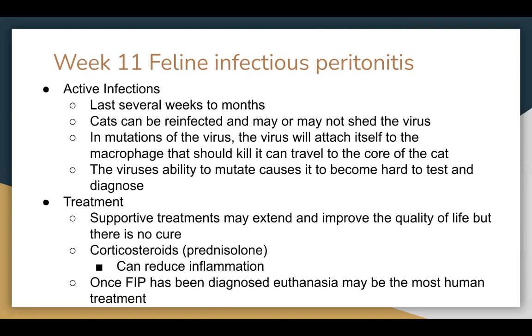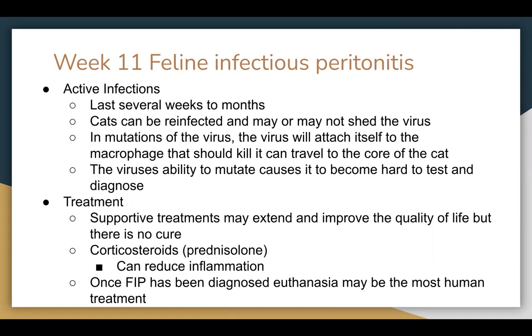So there's an active infection, which can last from weeks to months. Cats can be reinfected and may or may not shed the virus. The virus will mutate and attach itself to the macrophage and kill it and travel to the core of the cat. That's how it travels through the body.